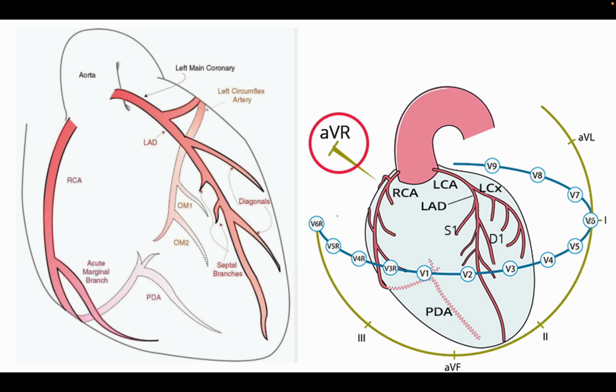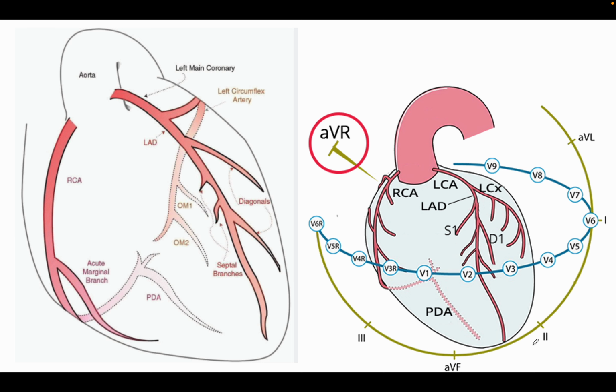If you look at leads V5, V6, ignoring 7, 8 and 9, which we'll look at later, V5, V6 and lead 1 and AVL look at the lateral aspect of the heart, which is where our circumflex lies. So these would be known as our lateral leads, and the L in AVL can be used as a cheating method to work out that it's lateral.